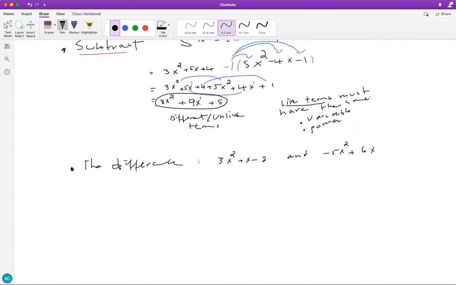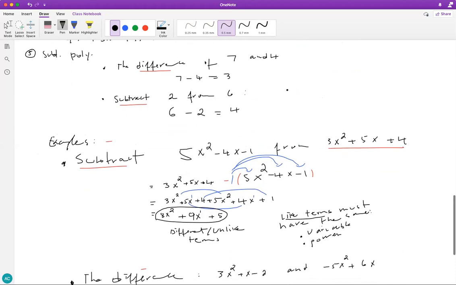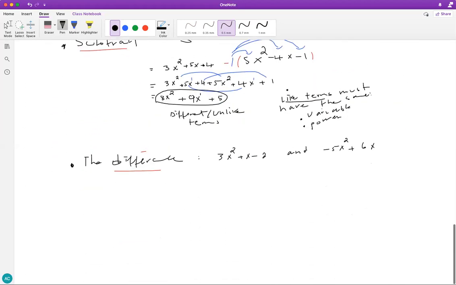All right, so we have a difference, so we have to be careful. Which one goes first, just like here? Difference of 7 and 4. So do we change the order or do we keep the order the same? No, we keep it like that. That's right. When it says difference of two things, the order stays the same. So I'm going to write this one first.